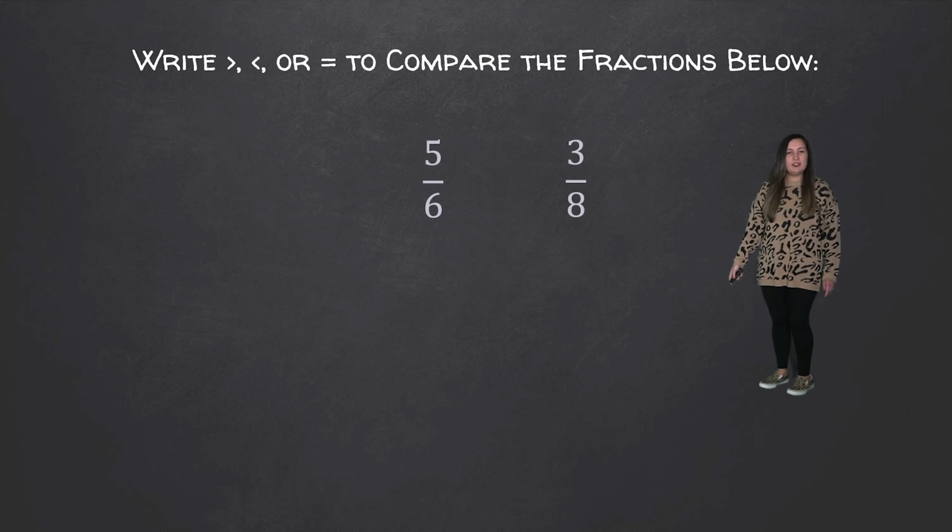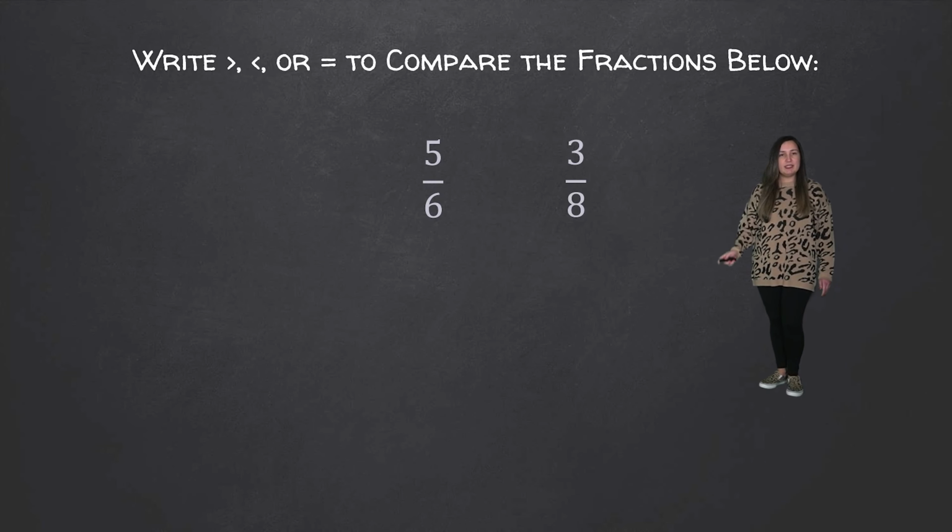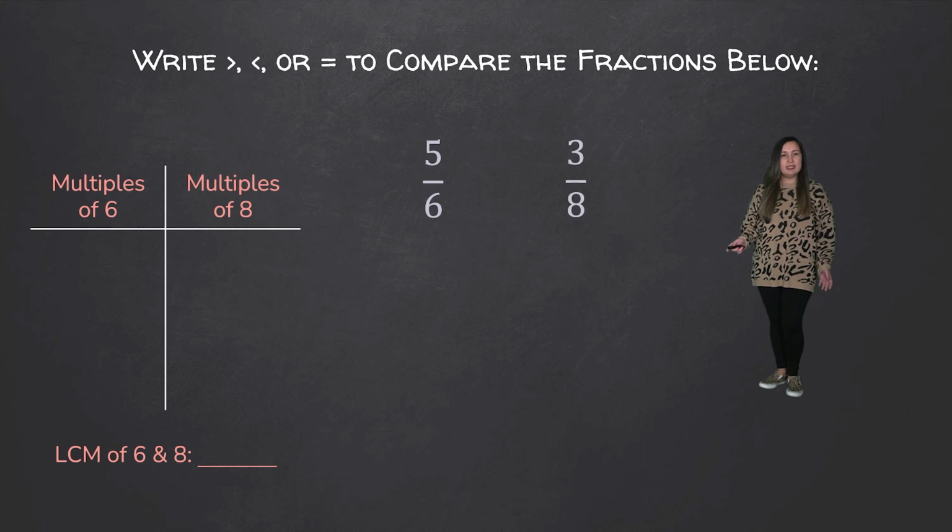So let's do another example. Here we have 5/6 and 3/8. So we can't compare them without the denominators being the same. So we have to find the least common multiple between 6 and 8. So our multiples of 6 are 6, 12, 18, 24, and 30.